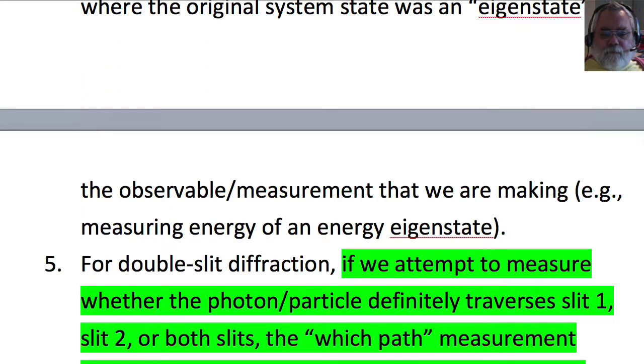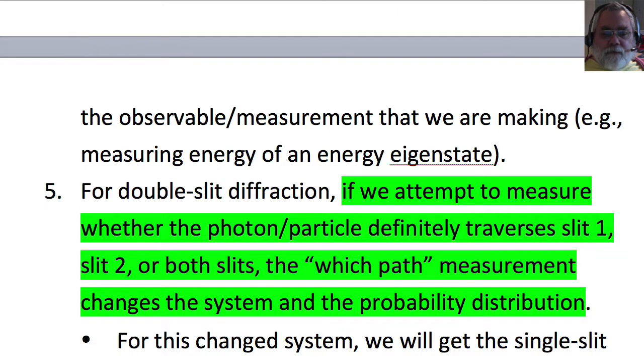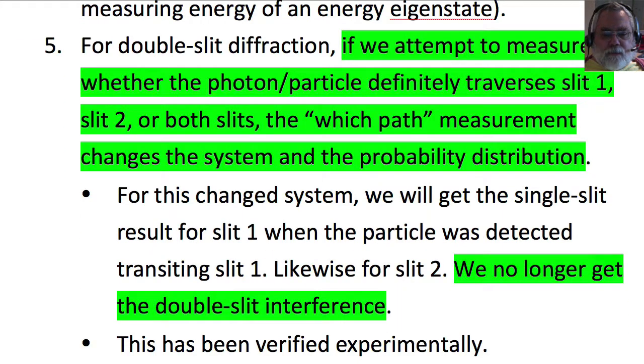For double-slit diffraction, if we attempt to measure whether the photon or electron definitely traverses slit 1, slit 2, or both slits, the which-path measurement changes the system and the probability distribution. For this changed system, we will get the single-slit result for slit 1 when the particle was detected transiting slit 1.